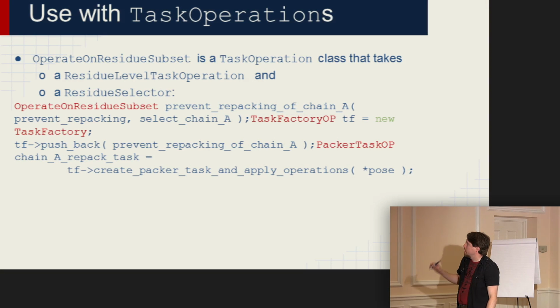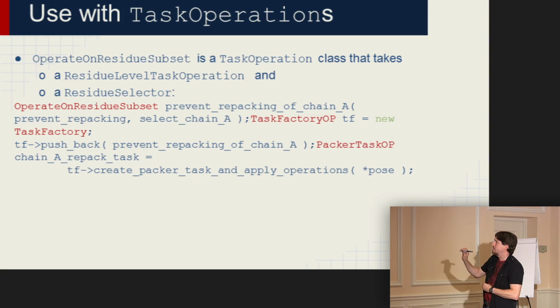So another really cool thing about this is that there's a task operation, going right back to task operations, called OperateOnResidueSubset. So it's a task operation class that takes 2 things. It takes a residue level task operation and a residue selector. So this makes the most sense by example. So here we go. OperateOnResidueSubset is this class I was telling you about. We're going to name this prevent repacking of chain A. Not of everything, but just of chain A. Well, the way we can do that is we construct it using its constructor.